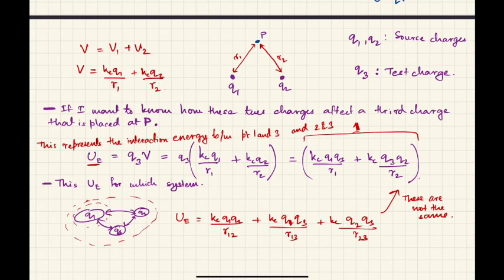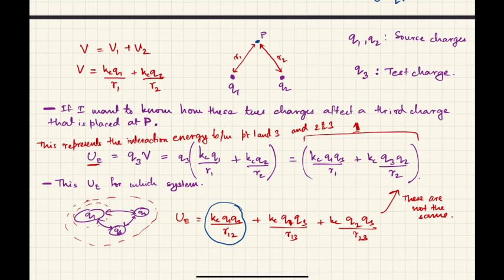Okay, so this is the interaction energy. How much energy of interaction does the test particle have when it's interacting with particles 1 and 2? What it doesn't include and what's missing is the term over here, Q1 Q2.